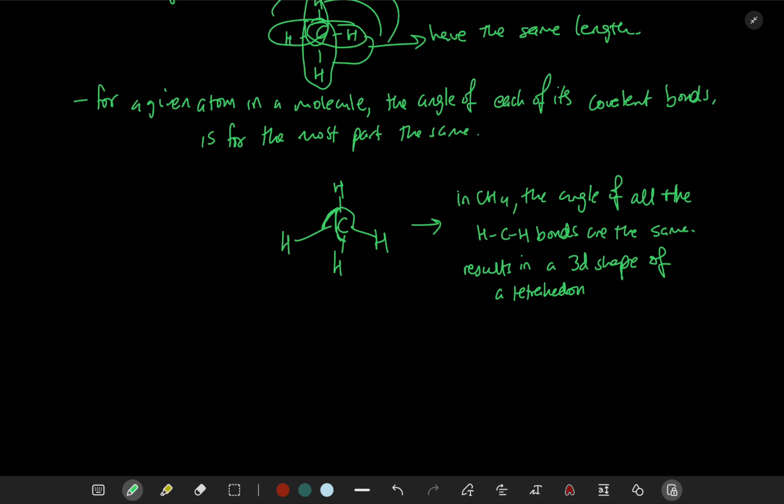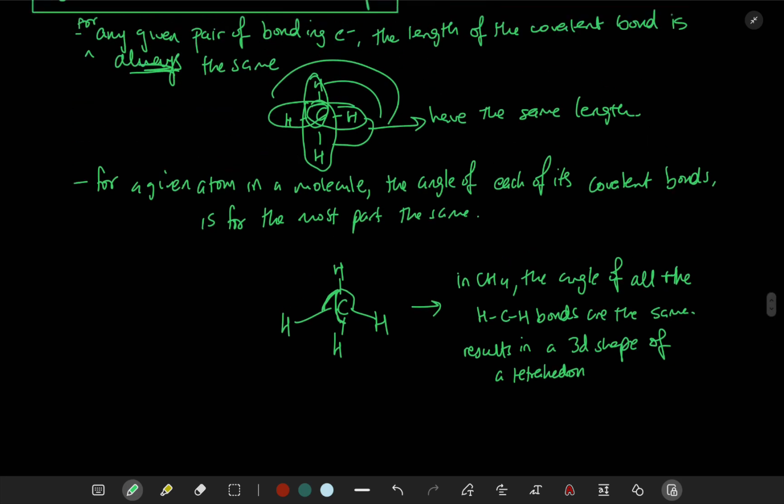Okay, so the way covalent bonds in molecules are located in space, which is again based off of bond angle and the length of the covalent bonds involved in that molecule, gives rise to the molecule's three-dimensional geometry. And because the bond length between a given pair of bonding elements is the same and the bond angles are fairly the same, the spatial orientation of a covalent bond is fairly stable, which ultimately means that so is the 3D structure.